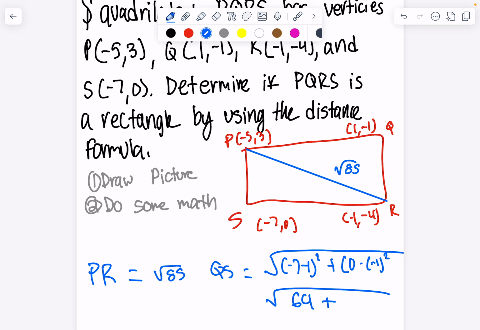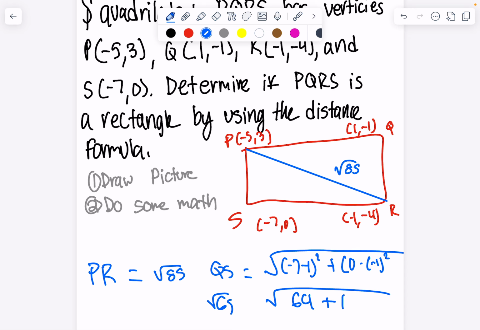Plus 0 minus negative 1, that's going to be a positive 1. 1 squared, square root of 65. And lo and behold, this is indeed not a rectangle. I feel like I did something wrong because my answer key shows it is a rectangle.